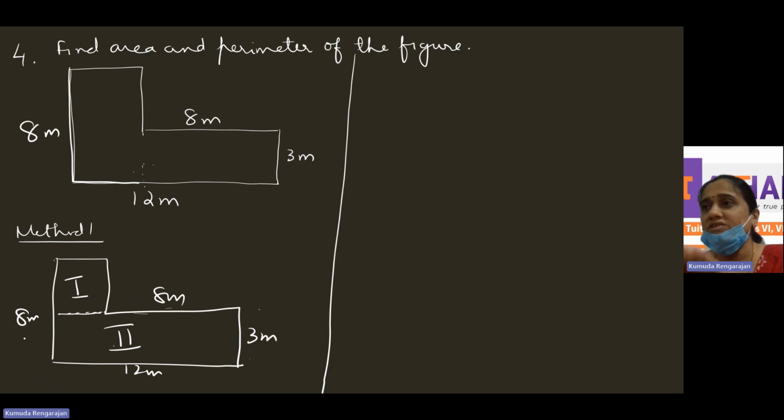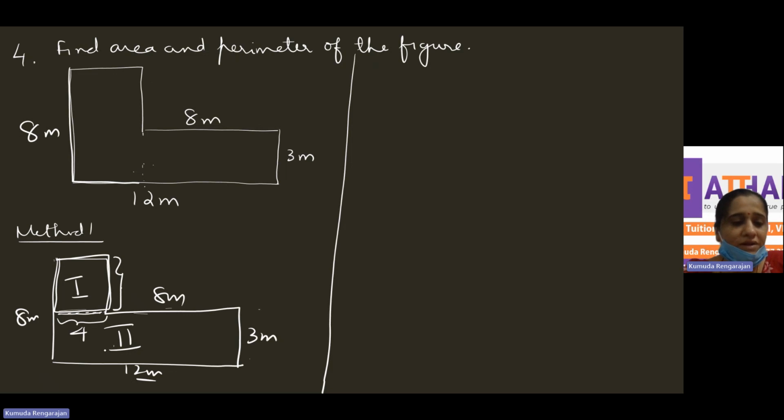Now, to find the area of these 2 rectangles, we need to know their respective lengths and breadths. Correct? Now, for this rectangle, what is the length? How much is this one? 4. We just found it's 4. Because this is 12, so the opposite side also should be 12. But this one is 8, so this is 4. Now we need to find its breadth.